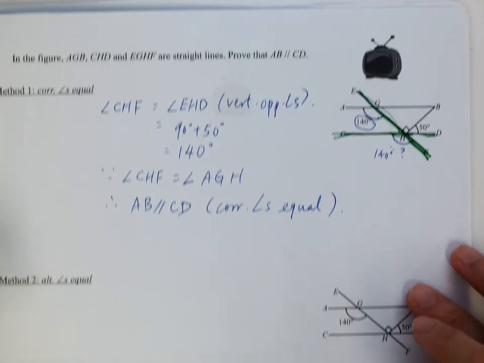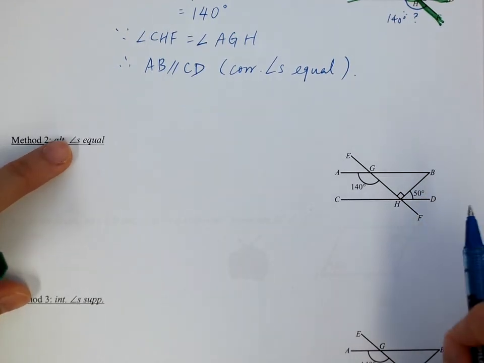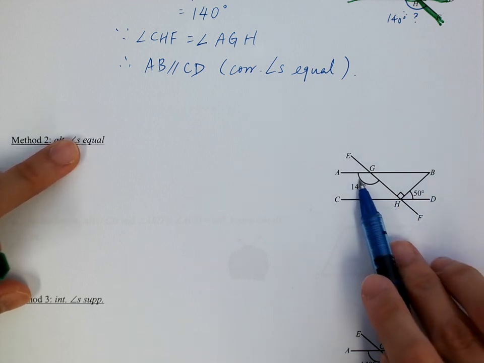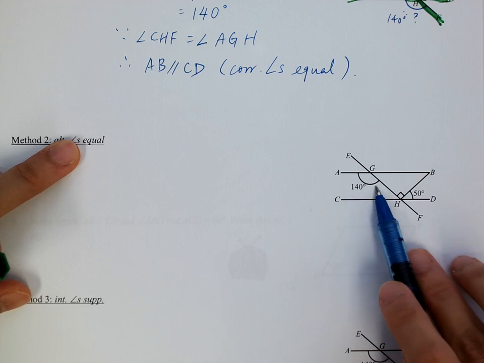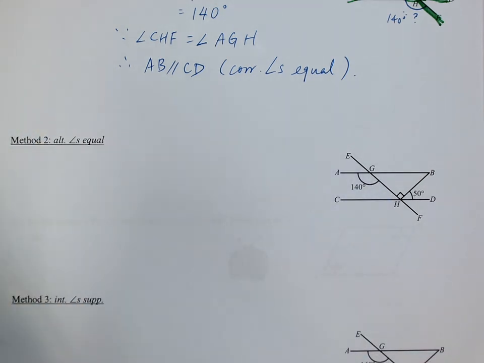Okay, so let's take a look at method 2 as well. Method 2, we try to use the alternate angles equal. Which angle is the alternate angle of the 140? Take out your highlight pen.